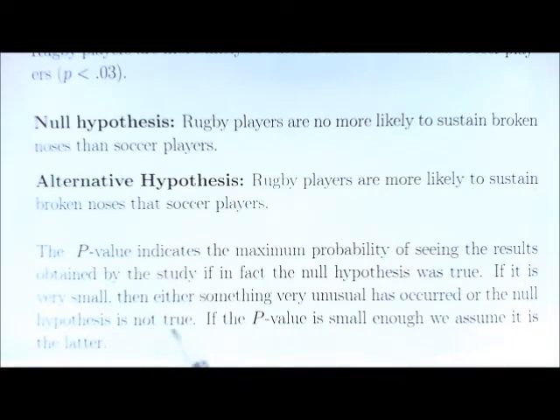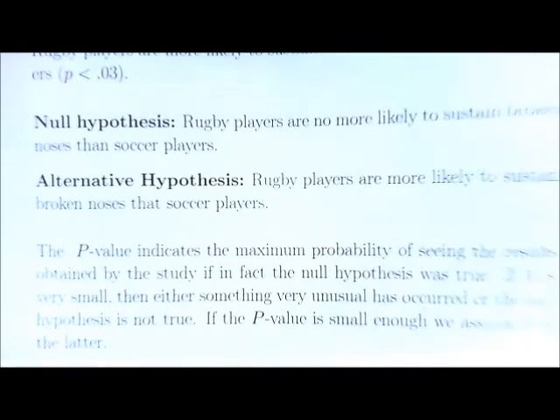So then that means either our data came out with very unusual results, or maybe our null hypothesis is not true, in which case we would reject the null hypothesis. We'll use that language, which means that we then assume the alternative is true.